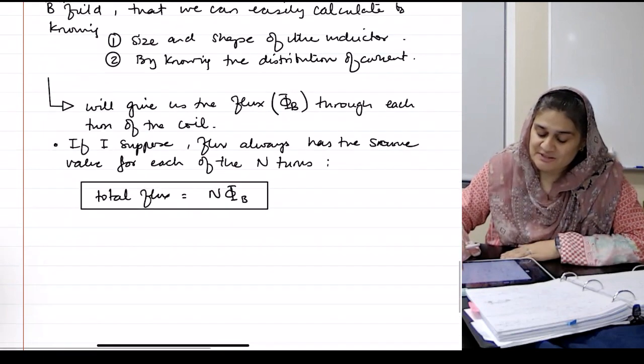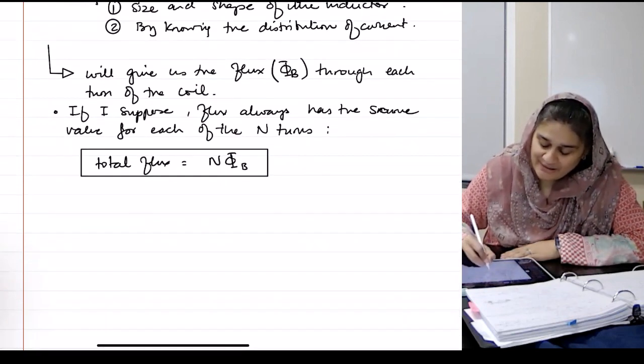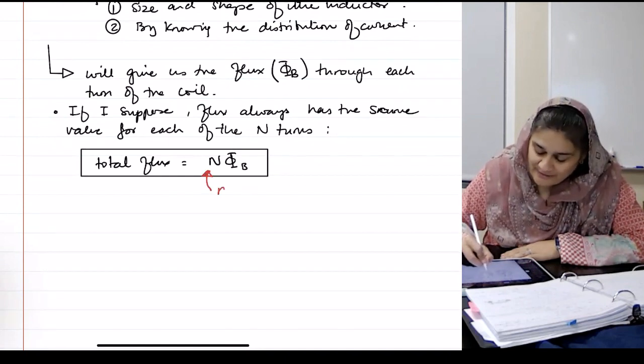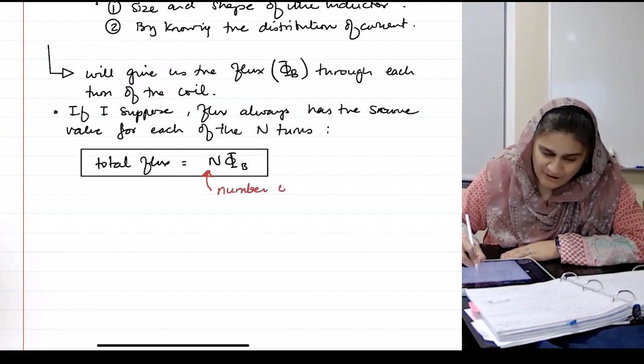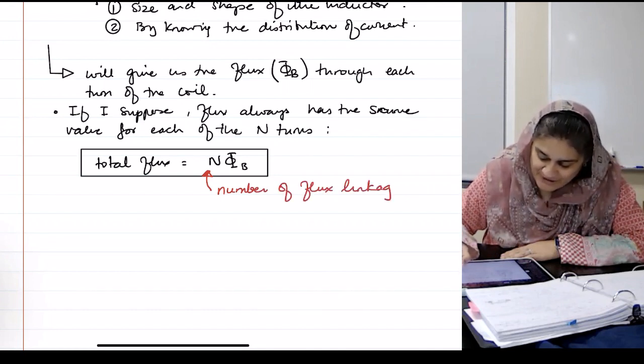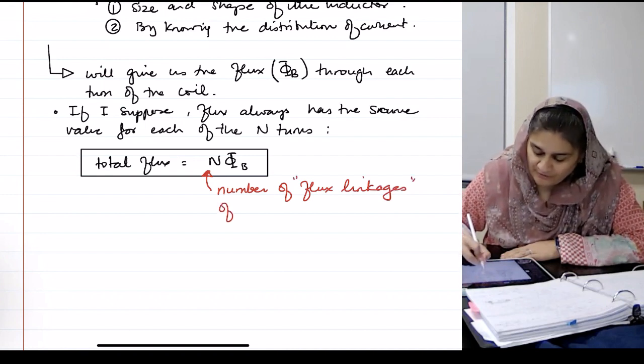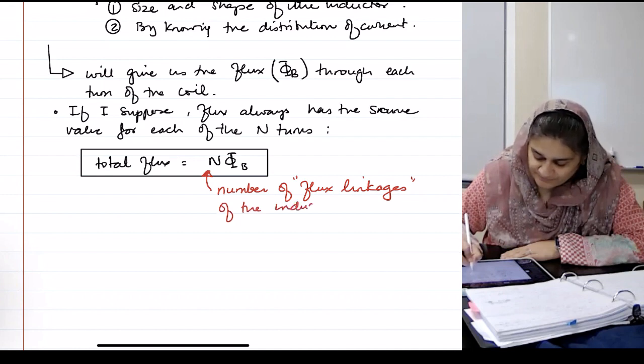Now, textbooks define this as, they have a word for it, and they call it the number of flux linkages of the inductor.